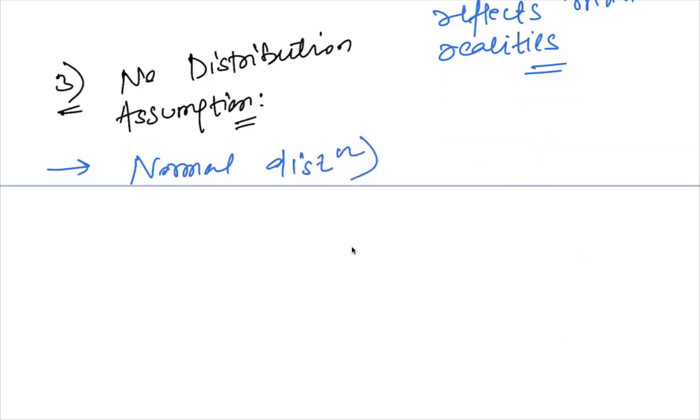But actually in the historical method, we are not assuming anything on the distribution of the returns. We are saying that it can take any distribution.